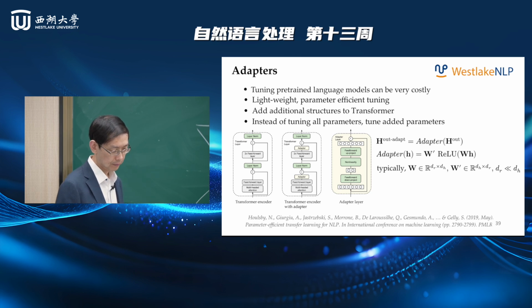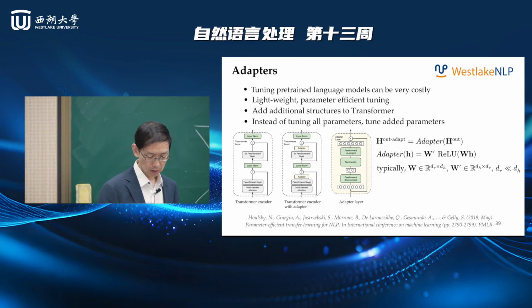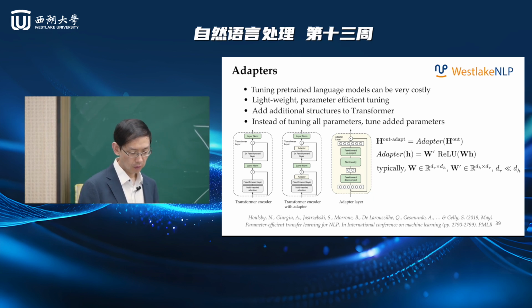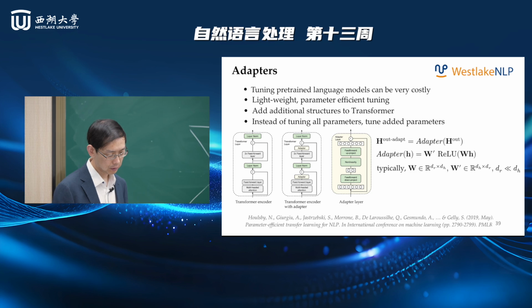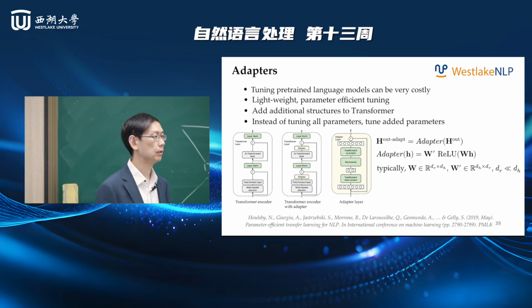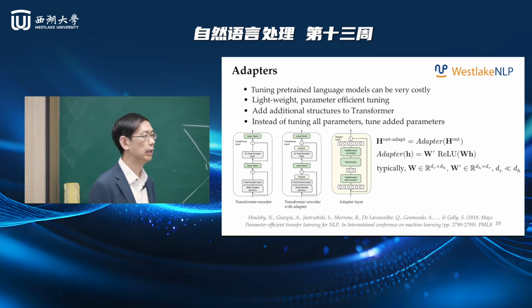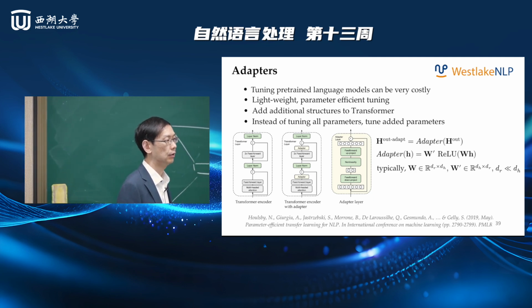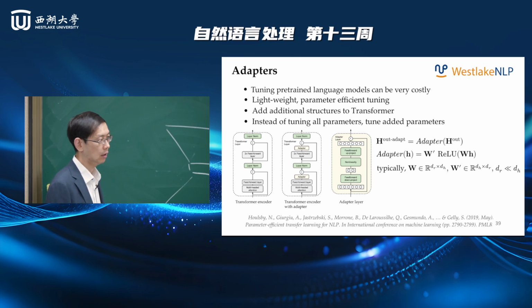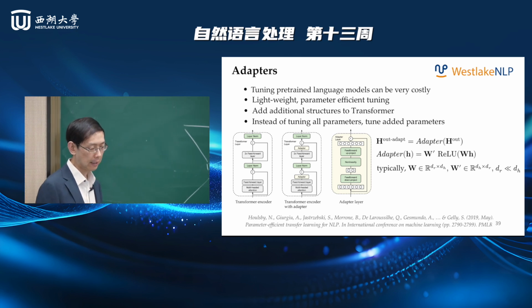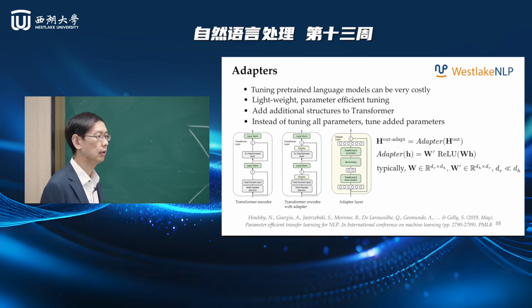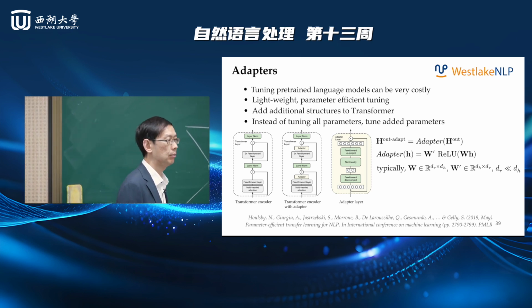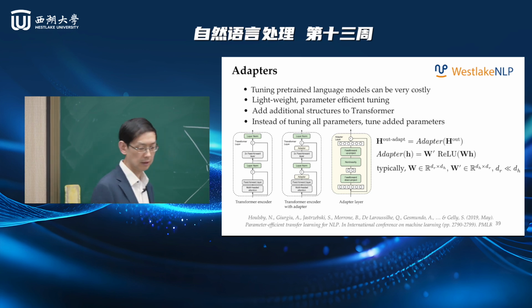So I show you one picture here. We can use the transformer encoder to pre-train BERT. And each encoder layer has two sublayers: multi-head attention and feed-forward network. You can add another MLP at the end of each sublayer, as I show you in this picture.